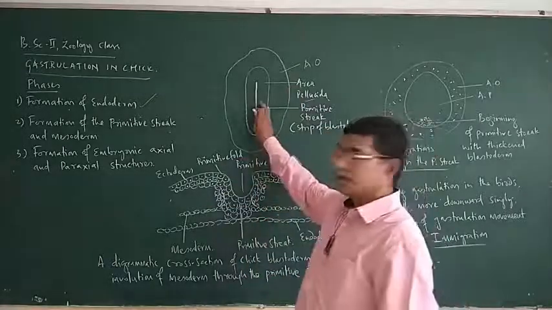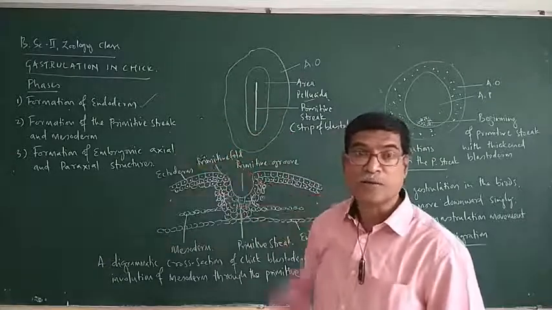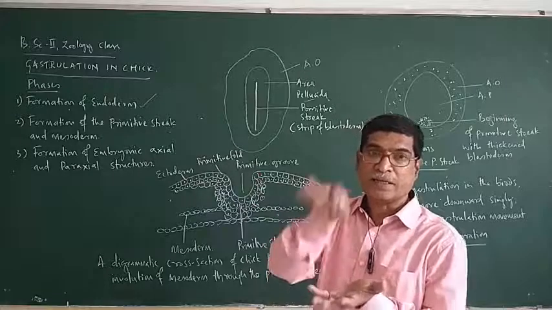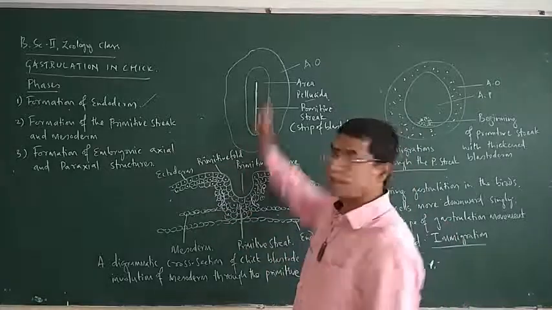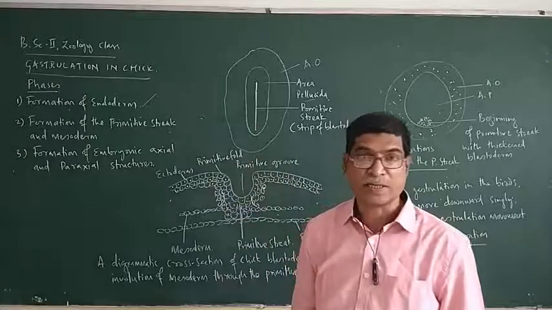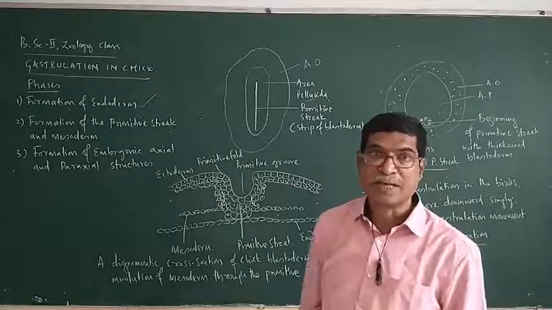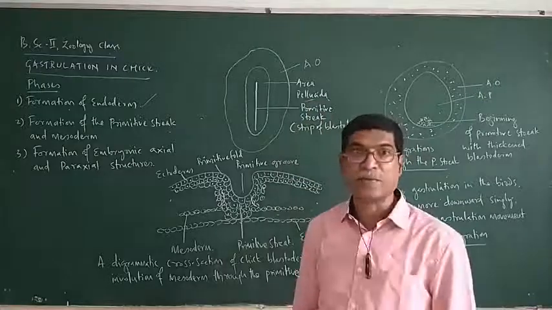Whereas here, the epiblast is not connected to the underlying yolk. In between yolk and epiblast, there is a cavity filled with liquid. Therefore, this part looks transparent, and this transparent region of the blastodisc is referred to as area pellucida.